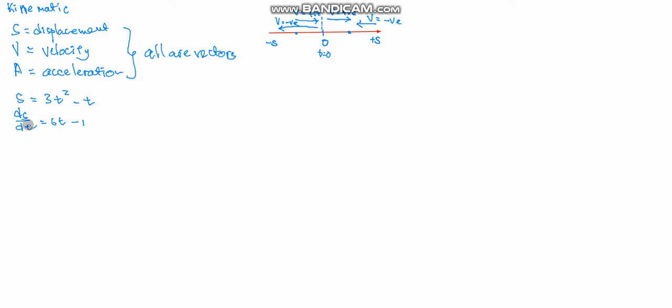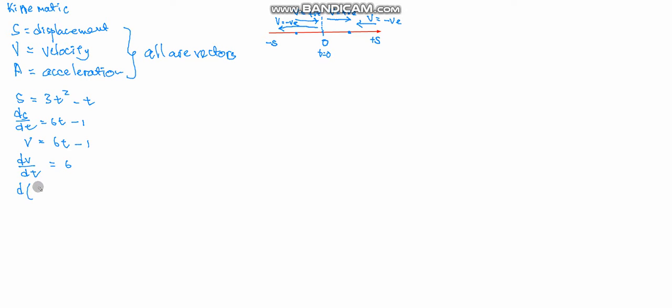The ds/dt means the change of distance with respect to time. This is basically the change of distance and the time taken. This is actually equal to velocity. So when you differentiate the displacement, what you get is a velocity function of t. Now if I differentiate again, we get 6.